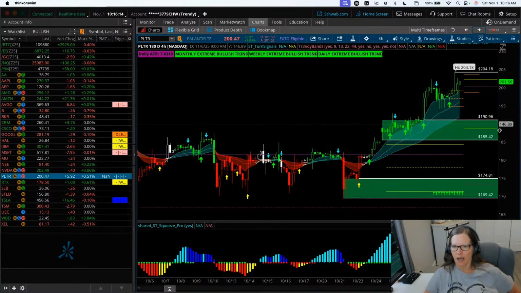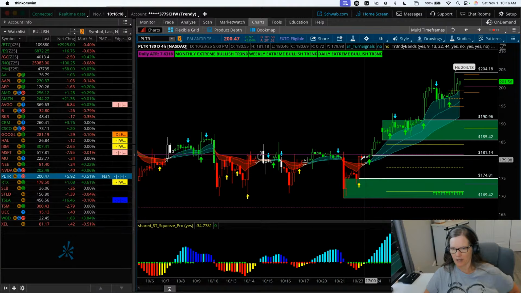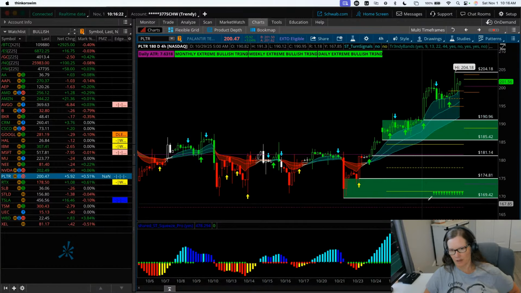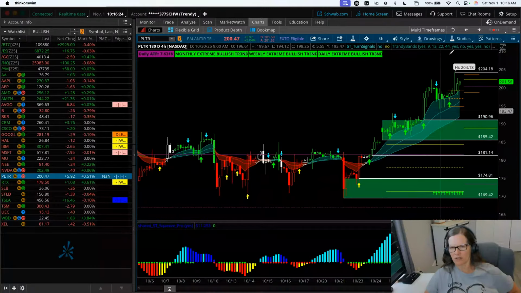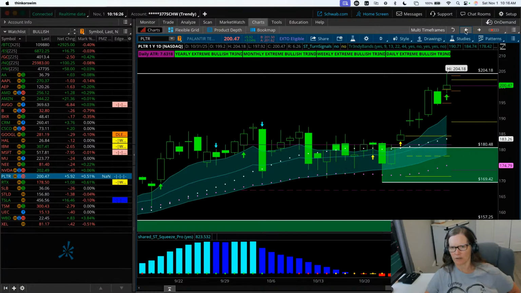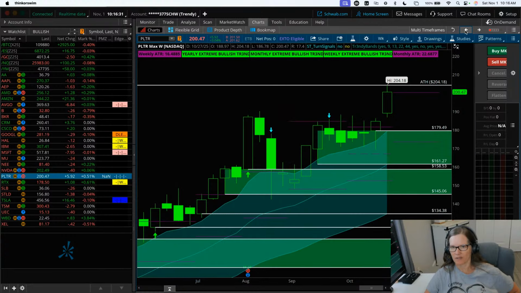On the 4 hour, 190 to 185, you have a zone. You also have that zone down here at 181 in this case to 169. You can see there is a lot of repeat of that 180, 181 level by 169. And even that falls in this weekly buy zone.